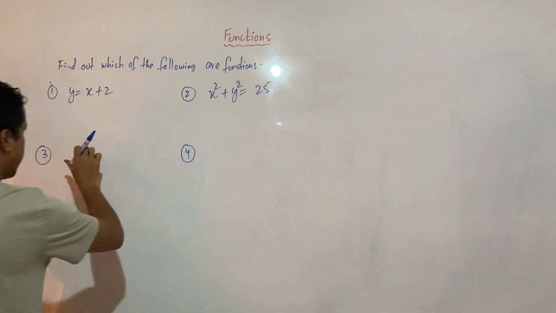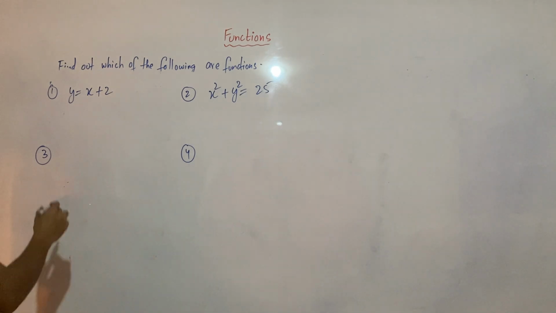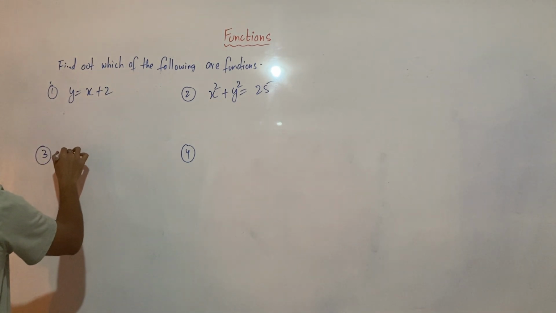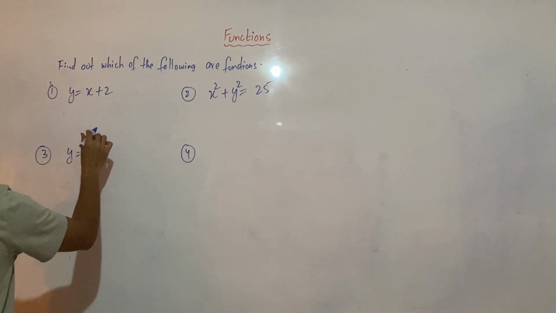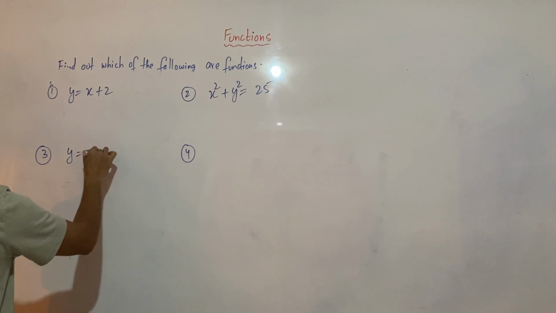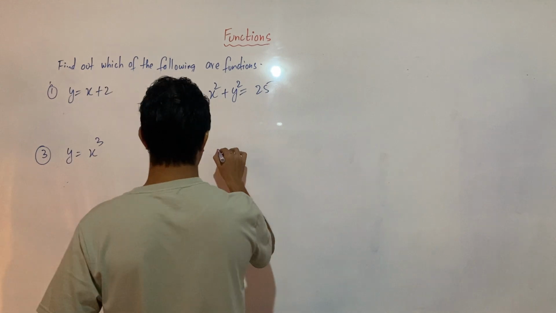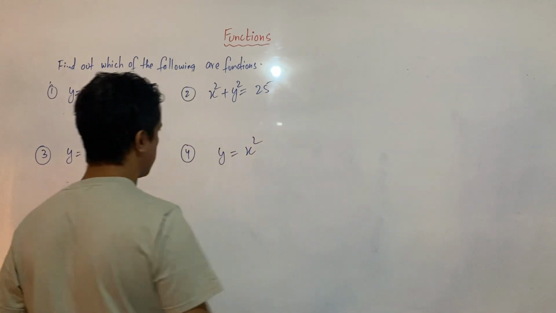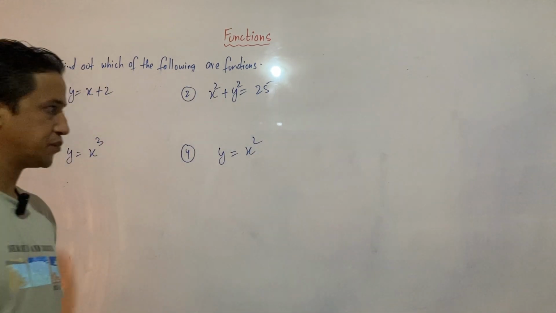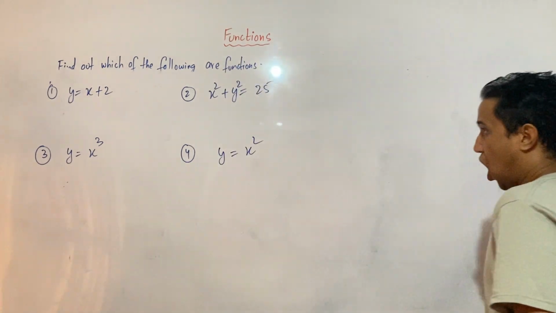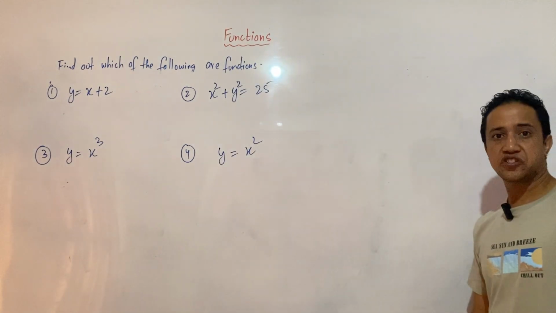Here, you can take y equal to x cube, right? Y equal to x cube. And here you can take y equal to x square, right? So now all these four equations, they represent curves, graphs.